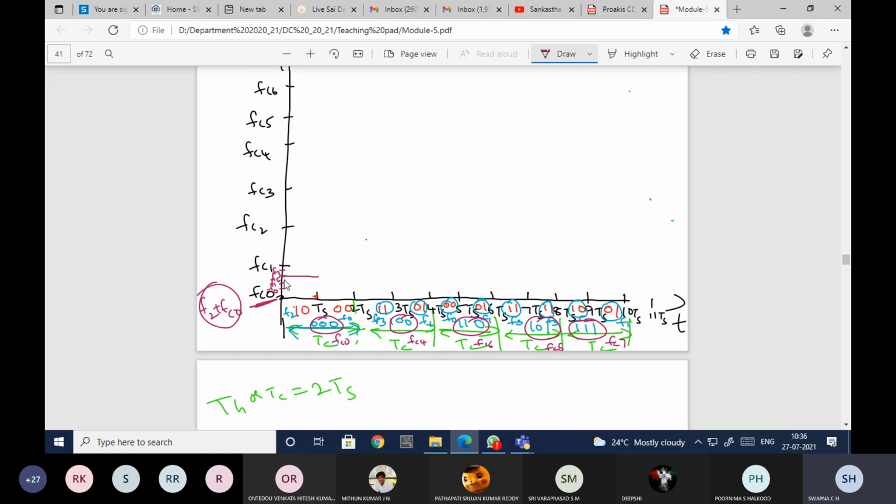In this duration I will be transmitting 1, 0 in this frequency, FC0 plus F2. In the same period I should also transmit the F0 symbol, so FC0 plus F0. That is what is happening here.